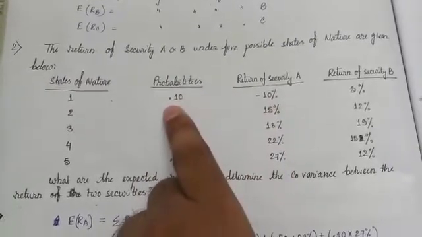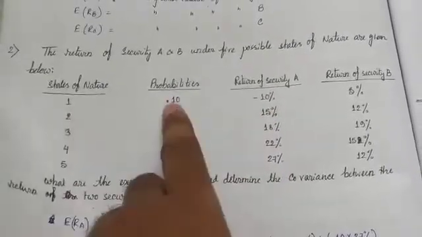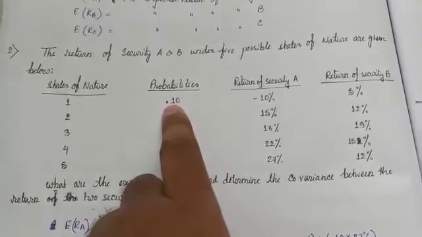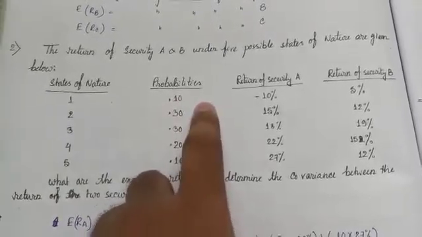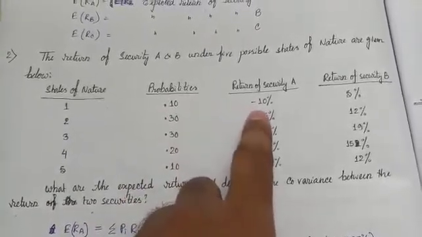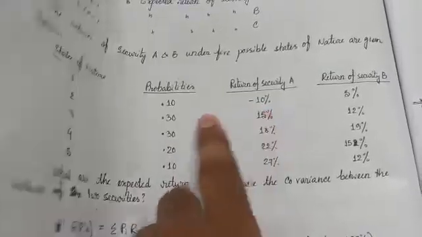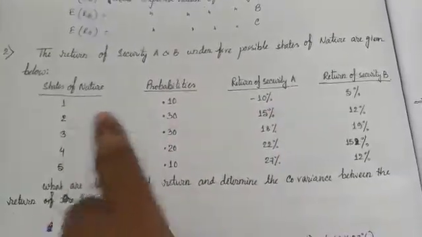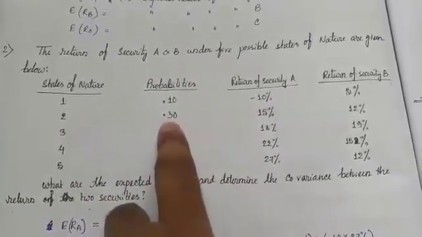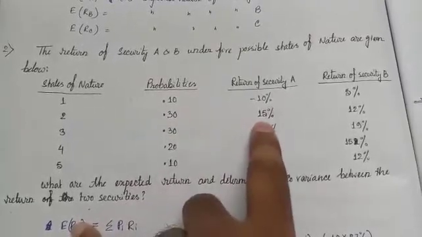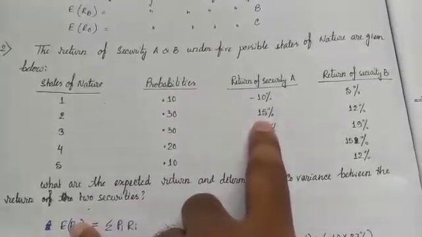Here for the first state of nature, probability is 0.10 and rate of return is minus 10%. For state of nature 2, the probability is 0.30 and rate of return generated from security A is 15%.